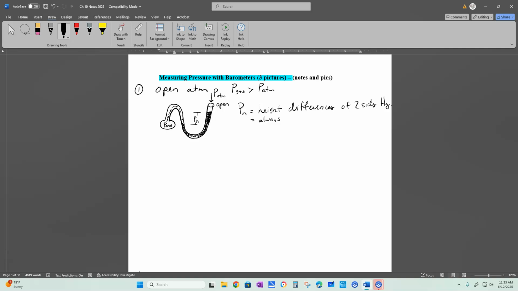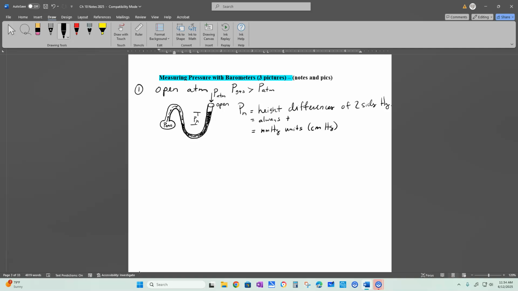The units of this are always positive. We're going to use mmHg because we're talking about millimeters of mercury. If by chance AP gave you centimeters, nothing wrong with that. Use a little King Henry. Okay?